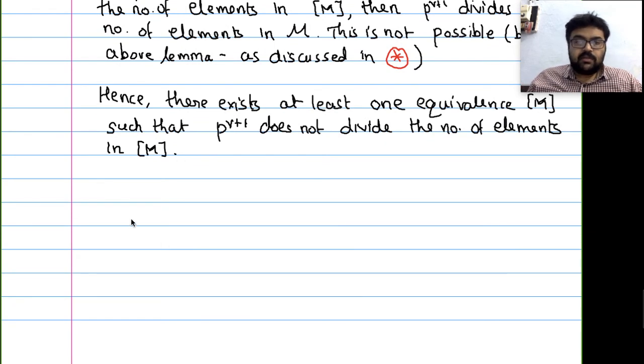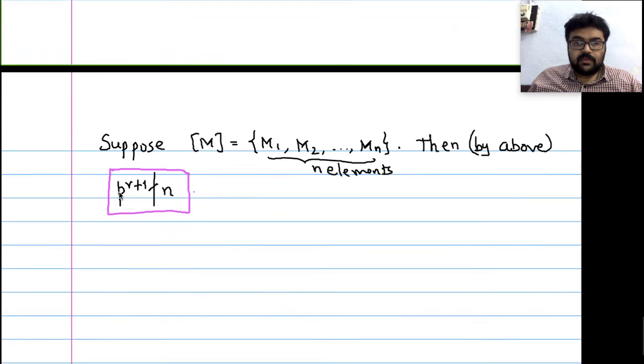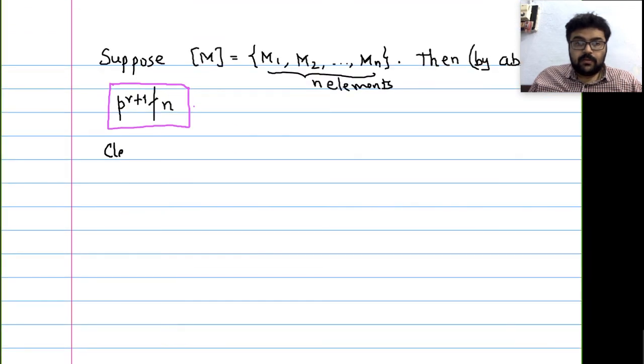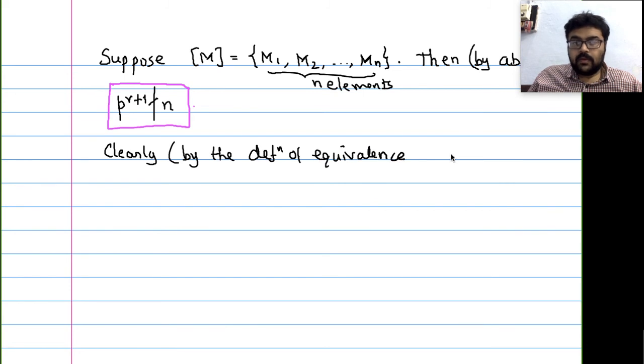So that means clearly by definition of equivalence relation, what we have: if I take g in G and mi in this class, then what is mig?